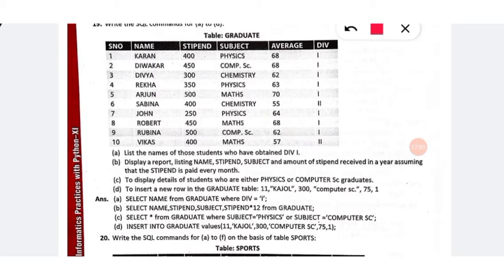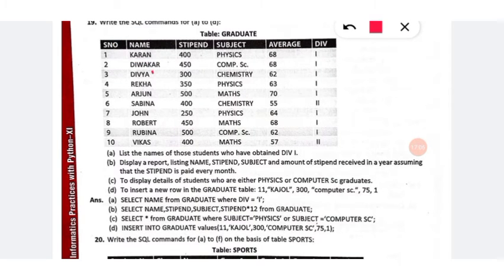So list the names. Select name from graduate where div equal to 1, like this. Select name from graduate where div equal to 1. Since it is a Roman number, we have to enclose it in single quotes.